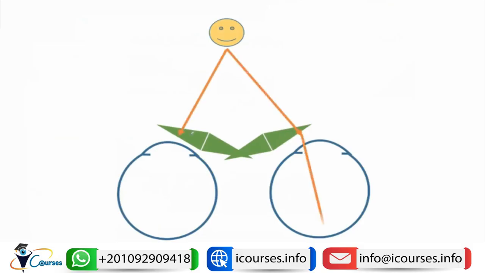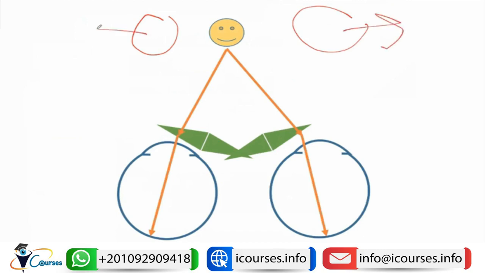Instead of the light rays entering through the center, they enter through the periphery of the lens, which leads to a prismatic effect, causing a deviation of the light rays toward the base, and the image will be at the apex. So the image will be located outward, and since the eyes are already positioned outward, more temporal, away from the visual axis, these eyes will be able to see the image clearly, as they are not able to converge.